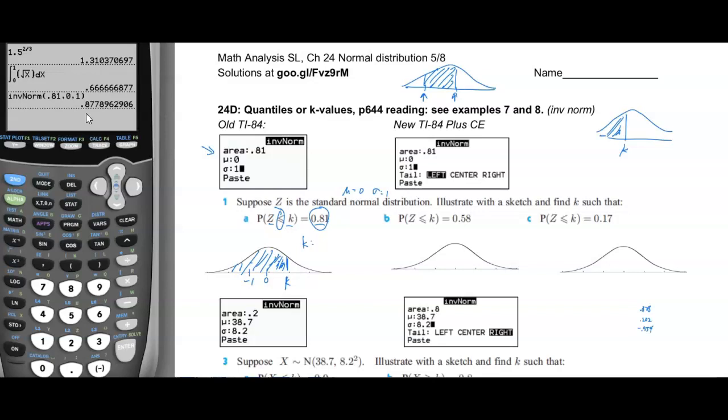So K is equal to 0.878. All right, so that looks like it's about right. This looks like it's about a K equals 1 or so. So 0.878 seems like a reasonable value.